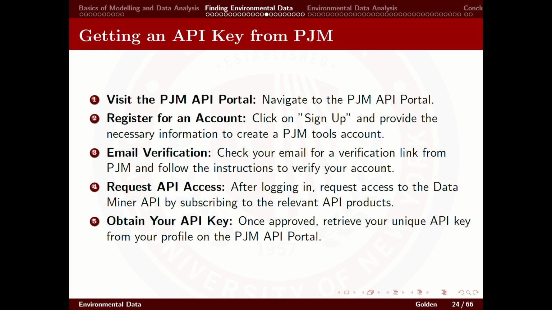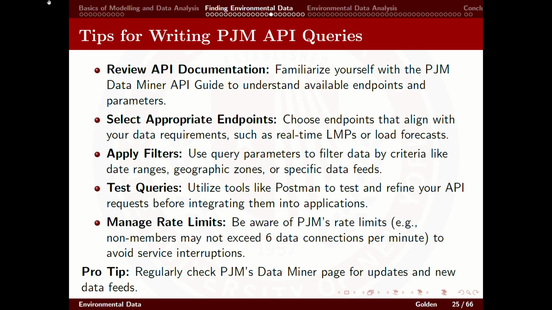After logging in, request access to the Data Miner API, and then obtain your API key. Then, for writing API queries, obviously review the documentation. Select the endpoints, such as pricing data. There's so much data there, you really want to understand what it is, and then what you need.